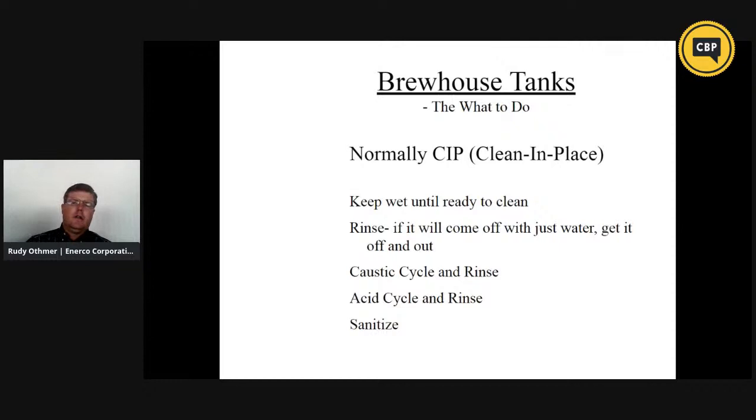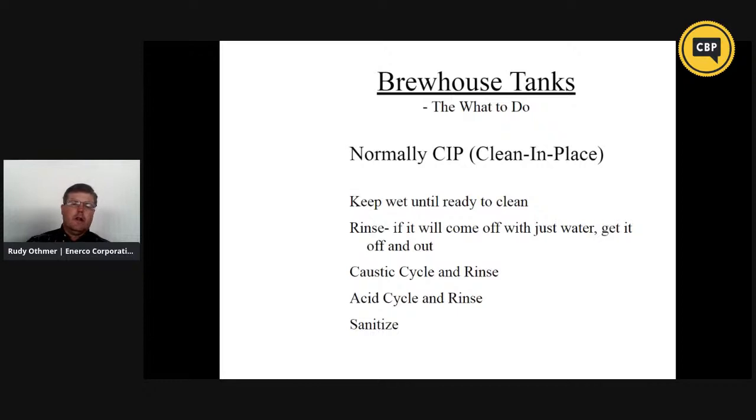Again, you want to keep it wet until it's ready to clean. Never let those barley hulls dry on. Never let the foam ring at the top get stuck on by drying.